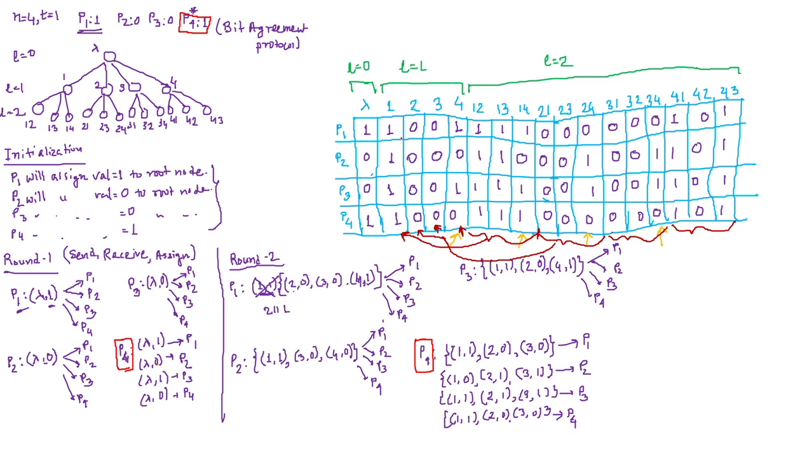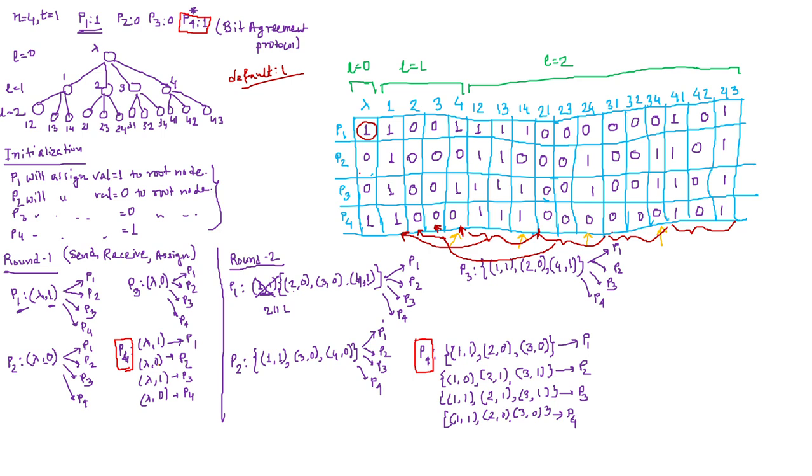So in that case we will assign some default value to the parent node, right? Let's assume that default value is 1. Just an assumption. So the default value 1 will be assigned to the root node, and since this node already has value 1, there is no need to rewrite. So P1 has got its output to be 1. This is the final output of P1.